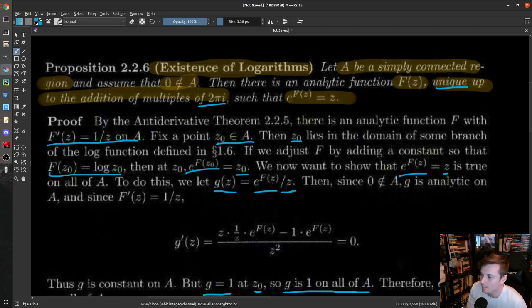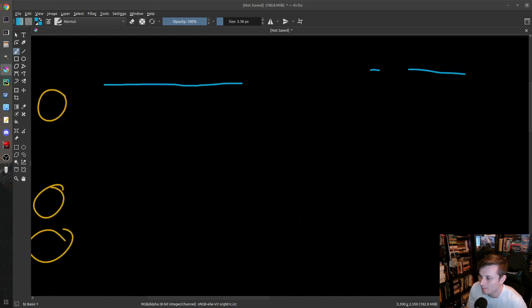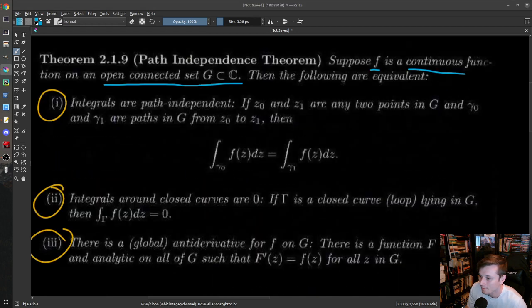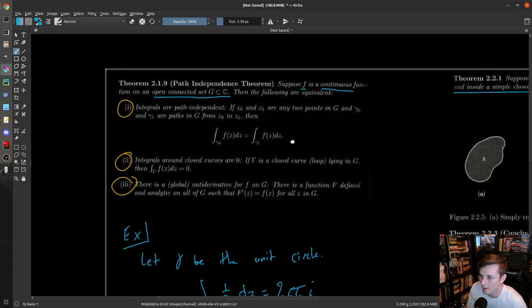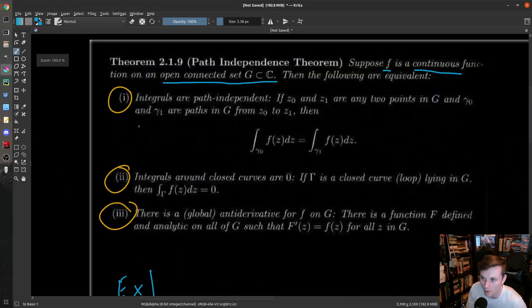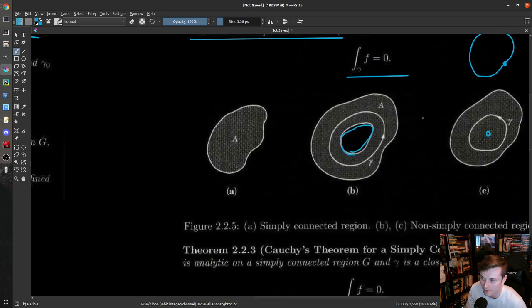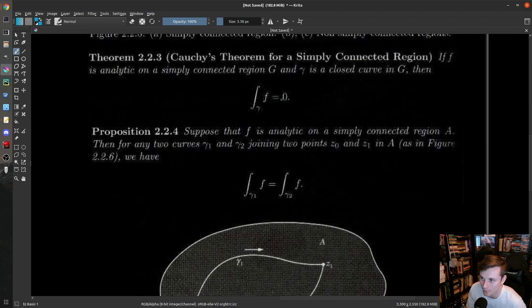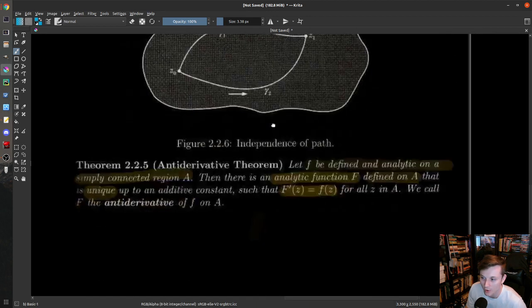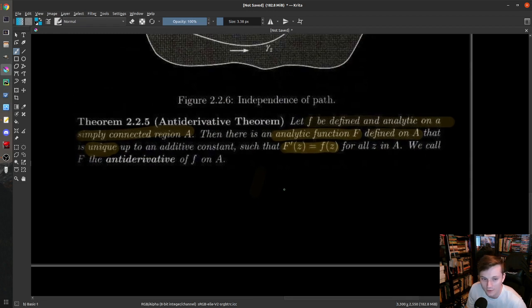But the meat of section 2.2, just to keep in your mind, is basically the same as the meat of section 2.1. We got path independence on open connected sets for continuous functions, and we got that this gave us some nice things. And then we went to looking at simply connected regions and analytic functions, and we re-derived the same things, and we'll get a whole lot more out of this.